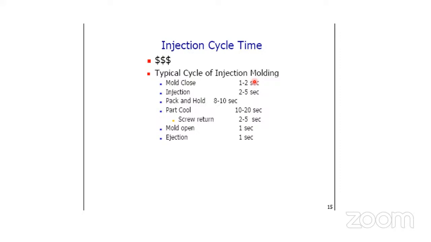When the mold closes, initially it takes a small speed, then very high speed afterwards, and then when the mold is closing, very low speed. The mold opening is slow, high, and slow. See the speed: slow, high, and slow. And for that speed, it takes only 1 to 2 seconds.